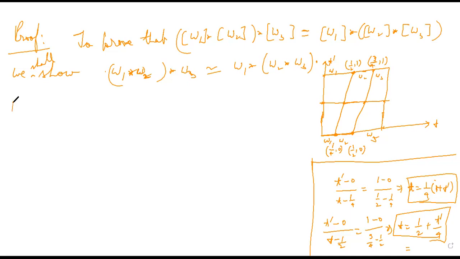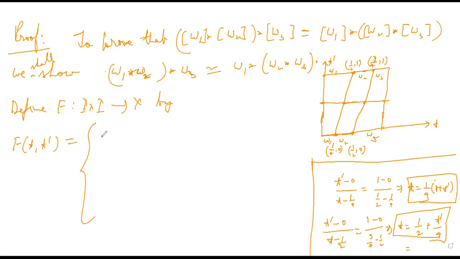So we define f from I cross I to X by f of t comma t prime equal to, so you see between 0 and this omega 1 should be complete, right?